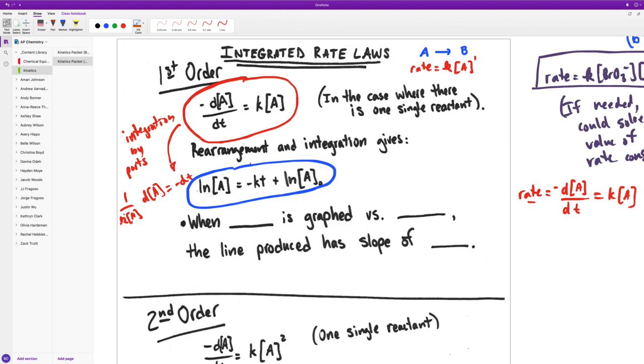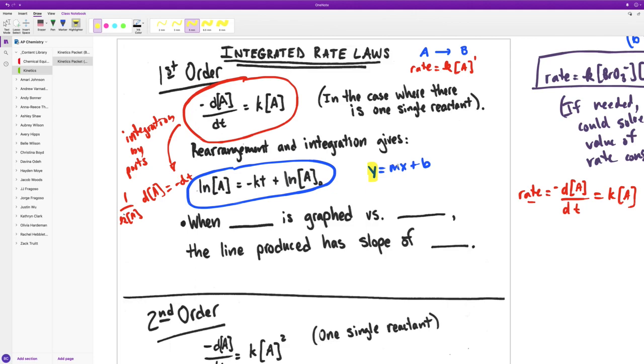And so this equation here has the same form as the equation of a line. Remember, in standard form, a line is y equals mx plus b. And you've got two constants and two variables in this equation.